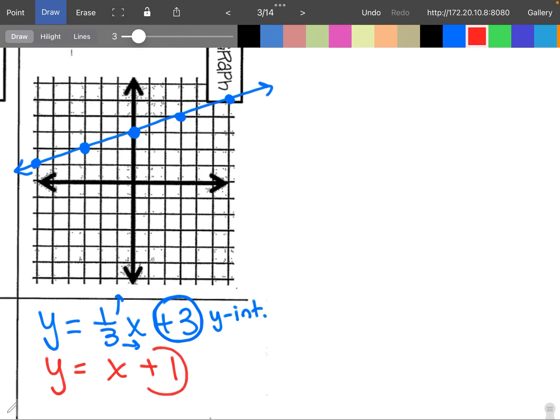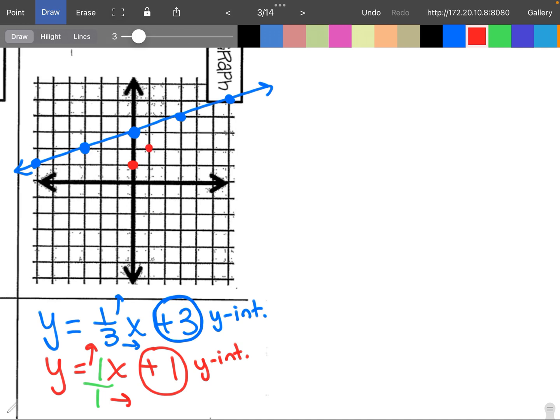Again, we start here with our y-intercept at +1. So from the origin, we go up to +1. And then in front of the x, you might not see anything, but we know that's a 1. If it's not a fraction, we can always place the number over 1, so 1 over 1. So starting with that red point, that y-intercept, we're going to rise 1, run 1.